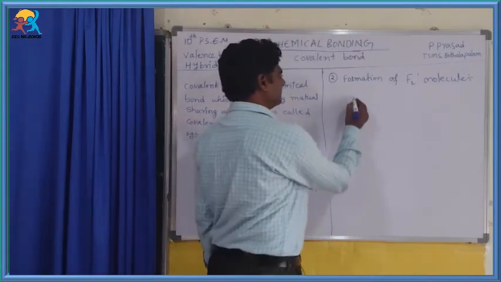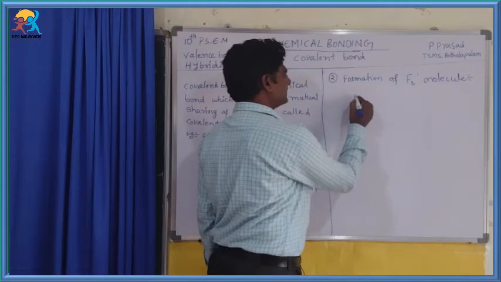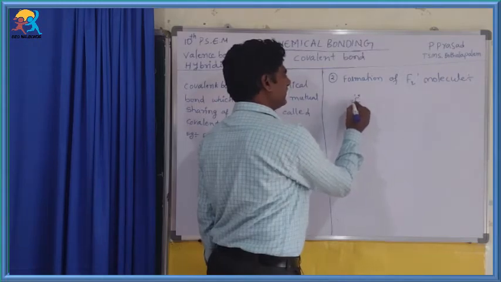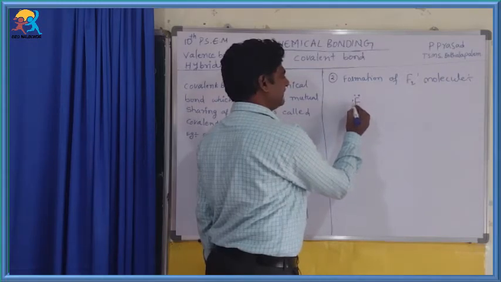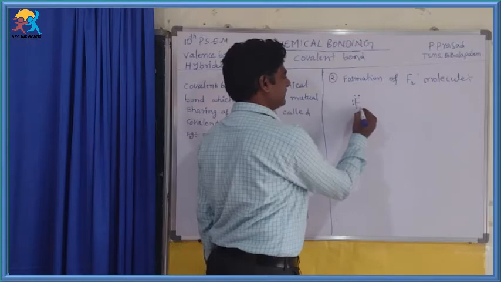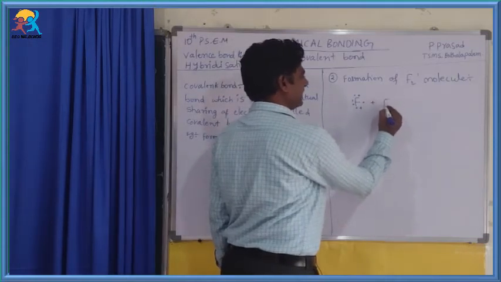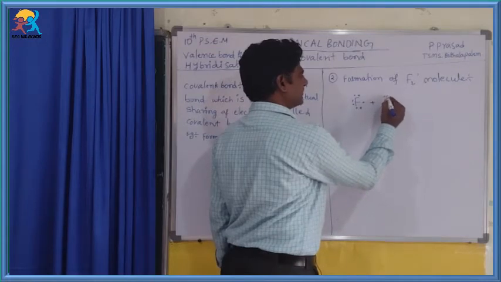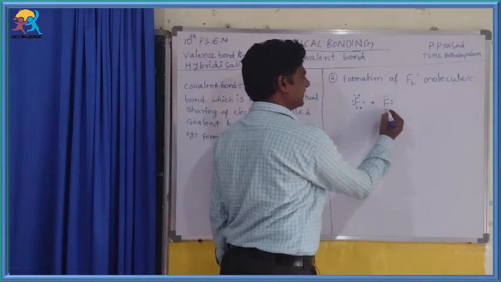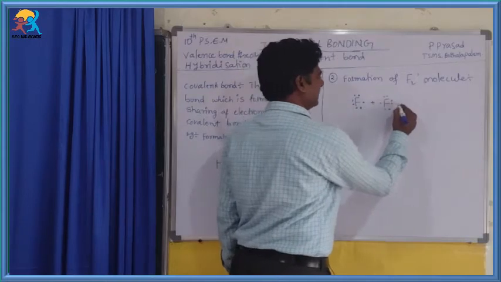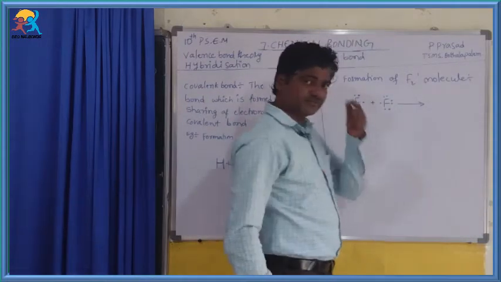So we write 7 dots around the fluorine symbol: 1, 2, 3, 4, 5, 6, 7. I am taking another fluorine atom, which also has the same 7 electrons in the valence shell.